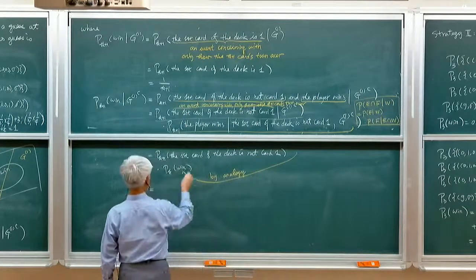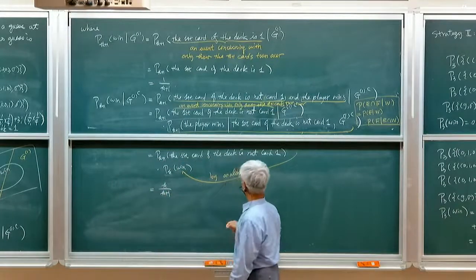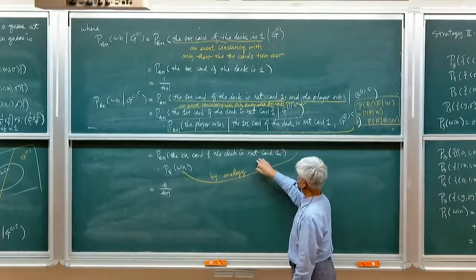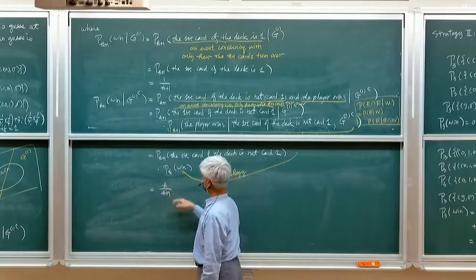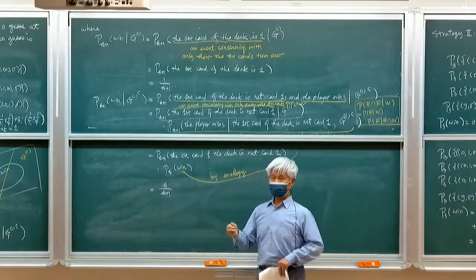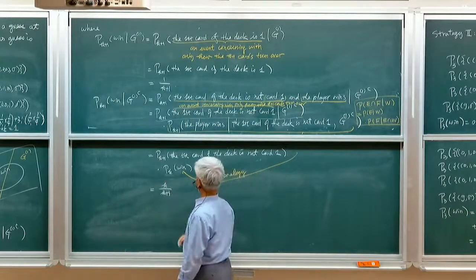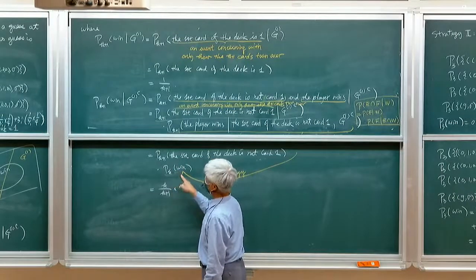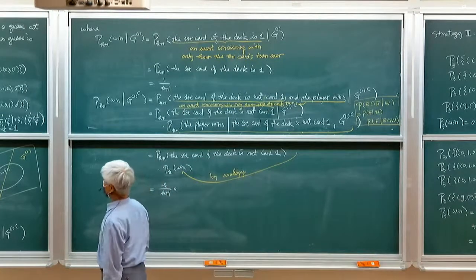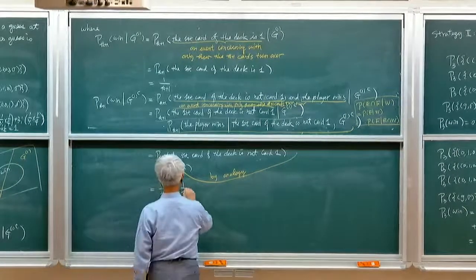All right. Now the first one is k over k plus 1, because the first card turned over is not card 1. So it will be maybe card 2 up to card k plus 1. So you have these probabilities. And P_k win, by our induction step, is 1 over k.